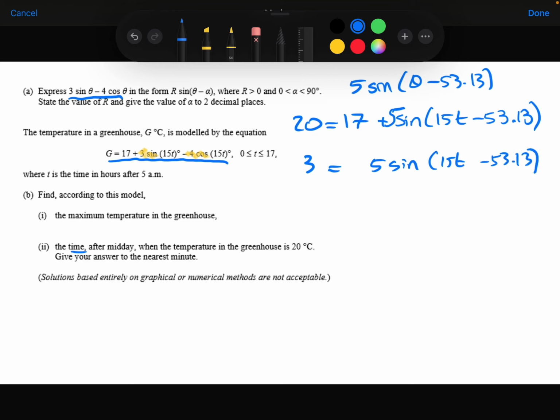We'll divide both sides by 5. Then I'll do sine inverse of 3/5. So sine inverse of 3/5, and we get 36.869.